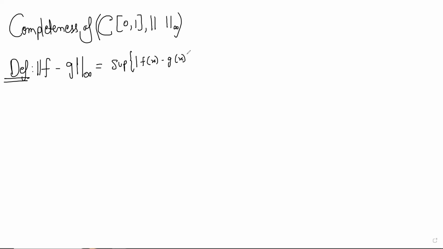And this is what you can expect. You already know it, I think. So this is one of the natural metrics to put, if you are in these kinds of function spaces and so on. You'll see this is a natural definition. So this is the definition.